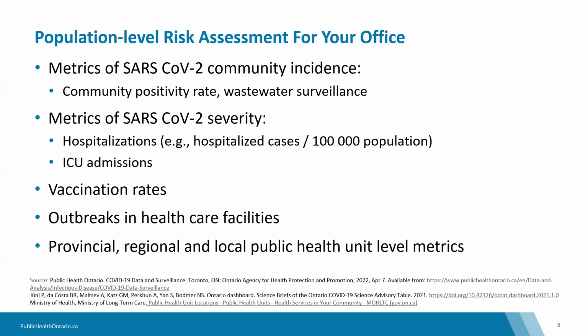We talk about hospitalizations and ICU admissions, and it's important to look at this because the more hospitalizations and ICU admissions there are in terms of severity indicators, the more stress there is on the healthcare system as a whole, which will affect your office. Look at the vaccination rates within your office staff and your patient population, because it will have a significant effect on the risk within your office of transmission and of severe disease, either in your staff or your patients.